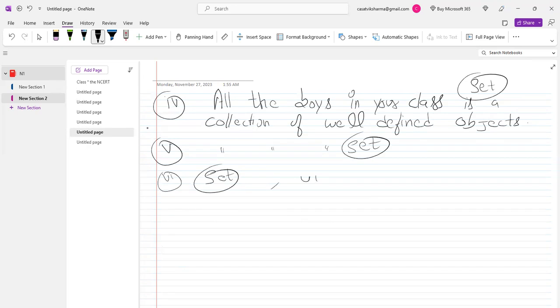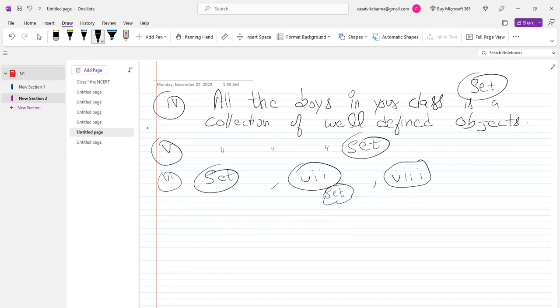Now the seventh: a collection of all even integers. Set. It is a well-defined collection, because one can definitely identify an even integer that belongs to this collection, hence it is a set.